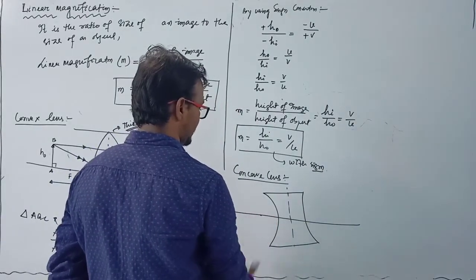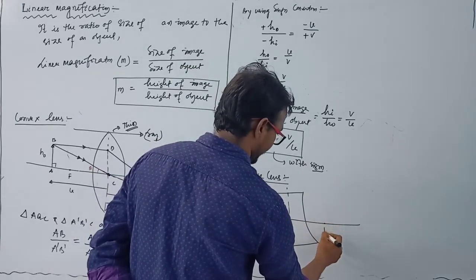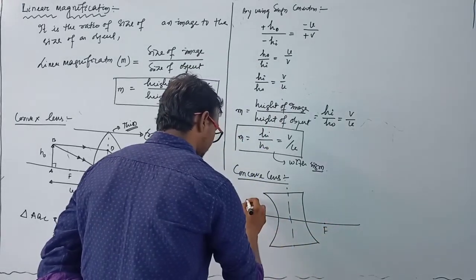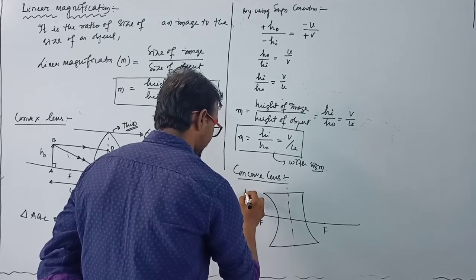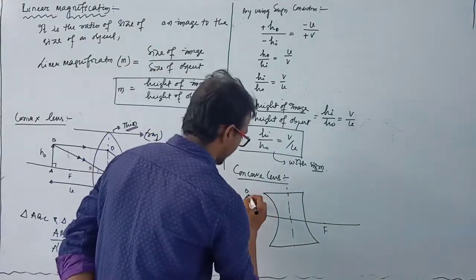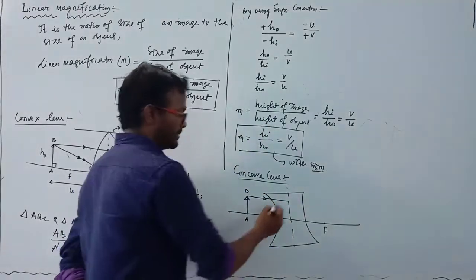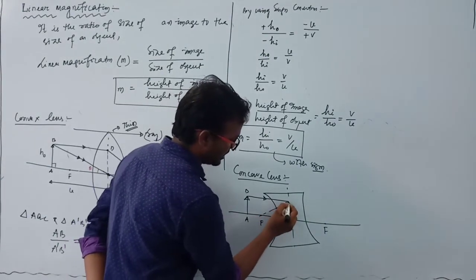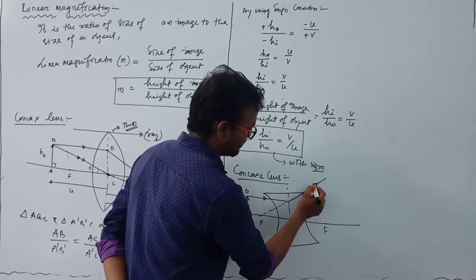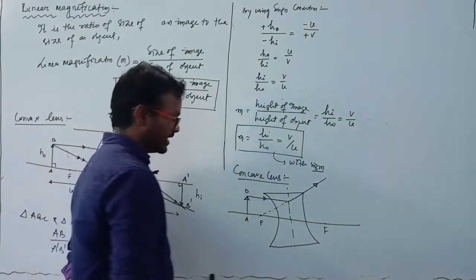Suppose this point is focus point F, and this point also F. Suppose there is an object, this object is AB, beyond focus point. The ray which is parallel to principal axis, after refraction it appears to meet focus, that means it travels in this direction. Clear? And it appears to meet at focus point.